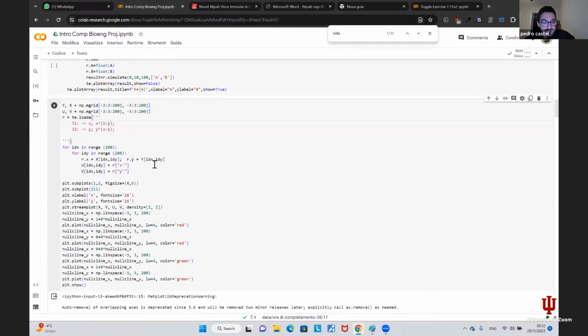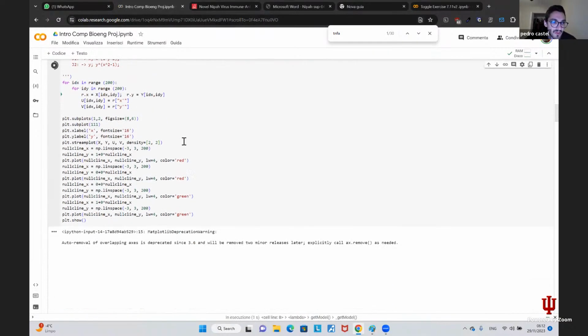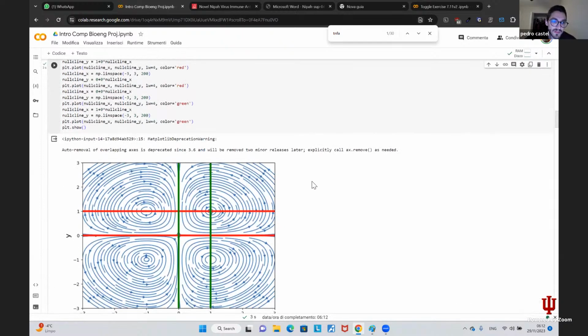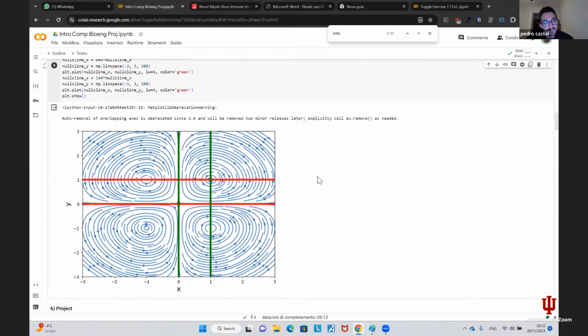It's interesting, but not the same. Okay, great. And so now if we wanted to finish this up, we'd have to add those extra null clines by hand.